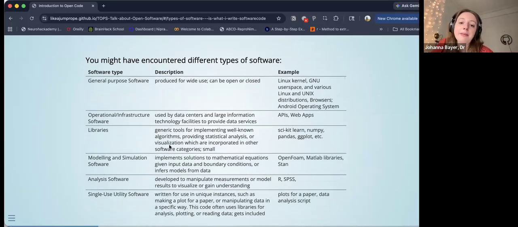Then we have libraries, which are generic tools for implementing well-known algorithms, providing statistical analysis or visualization, which are incorporated in other software categories. And these are smaller. So we're basically going from larger software to smaller. You've probably all encountered libraries, for example scikit-learn, NumPy, Pandas, and so on. Interestingly, Grace Hopper was also the first one to create libraries.